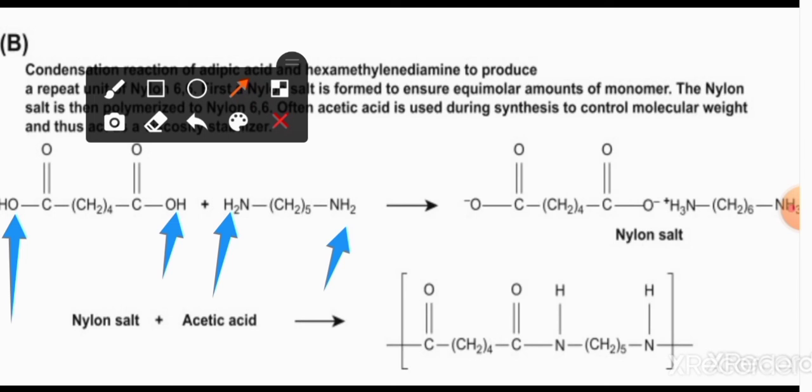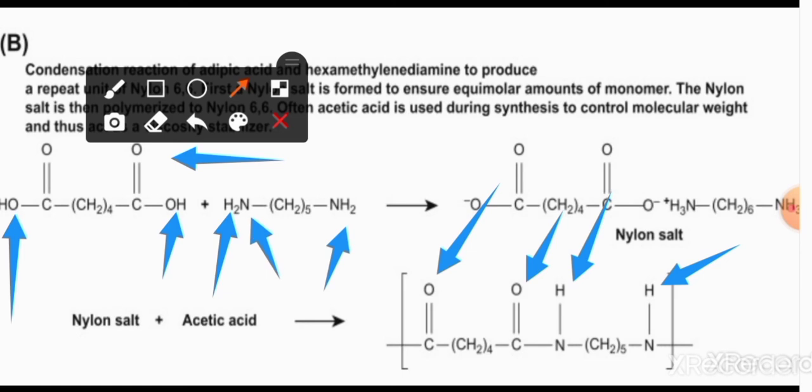You can see after removal it remains only C double bond O, and after removal of hydrogen there remains only NH. The C double bond O of adipic acid joins with NH and there is formation of the CONH amide linkage.